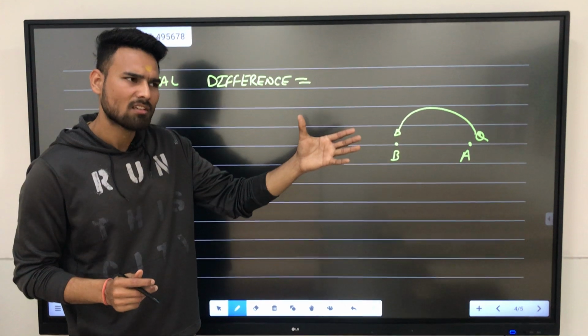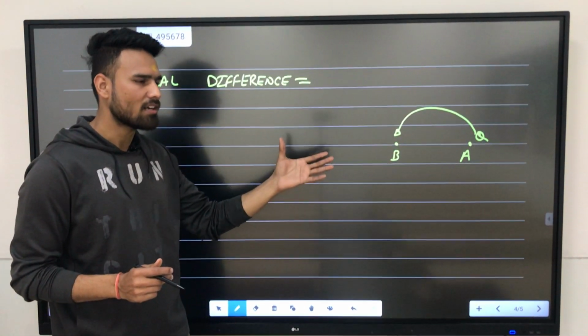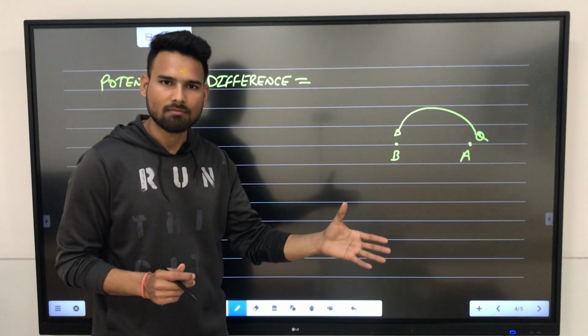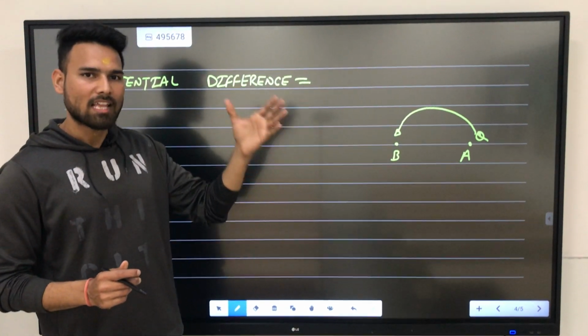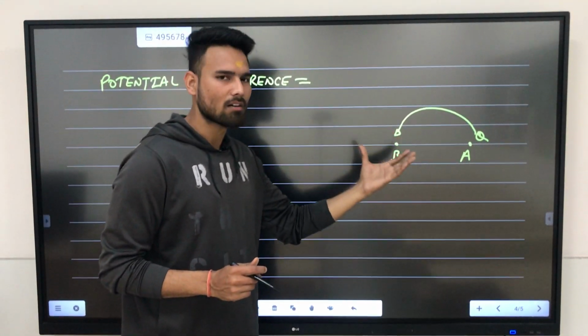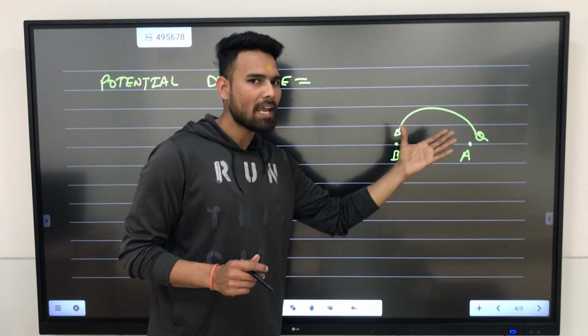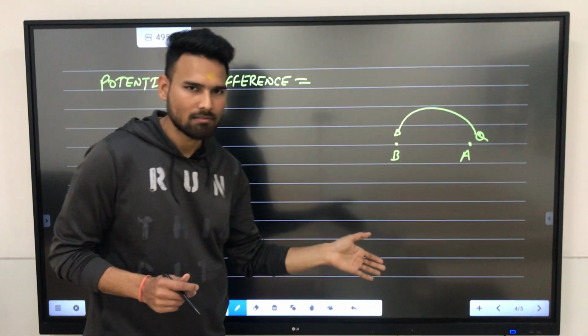Why does work have to be done, sir? Because in our circuit there is a resistance, and if there is a resistance, then we have to perform work, and the work will be performed by the battery in this case.